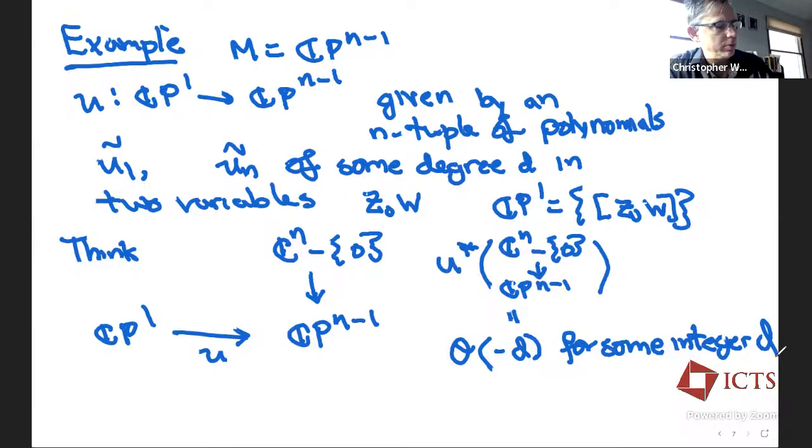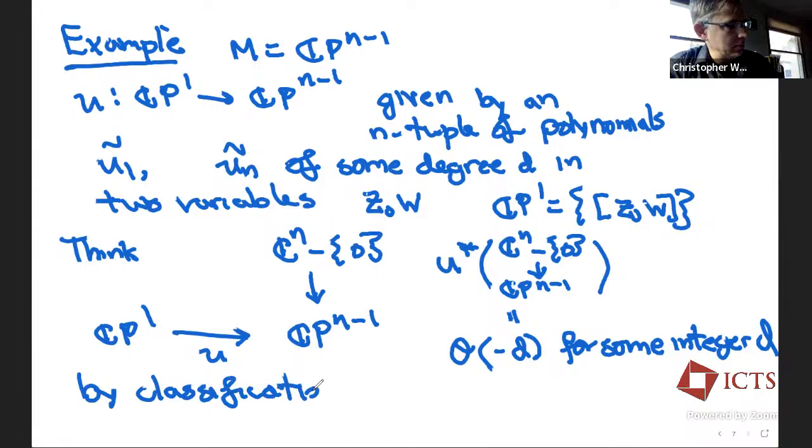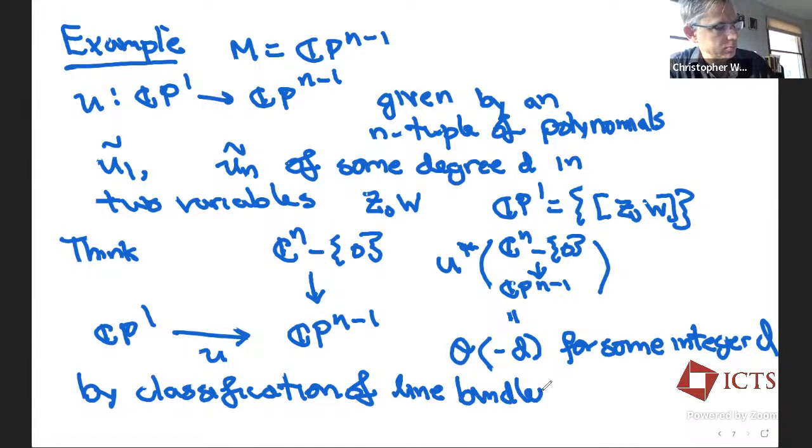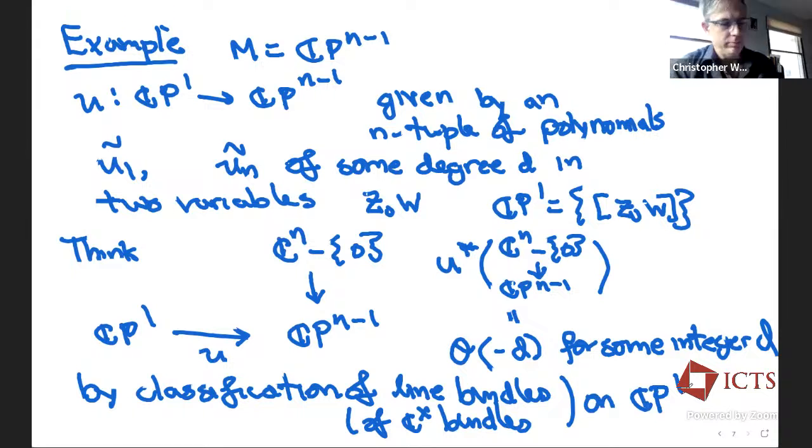So what's O of D? There's a classification of line bundles, or equivalently of C star bundles on CP1.